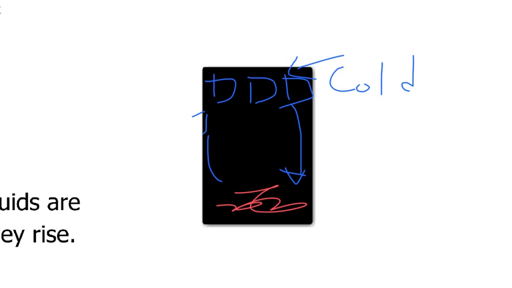And then it's going to come back up and get cold again from the ice. So again, you have this same circular motion. It's just being caused by cold at the top instead of hot at the bottom. So same idea. I'm just trying to show you that it can happen both ways. You can have heat at the bottom, which causes convection, or you can have cold at the top, which causes a convection current.